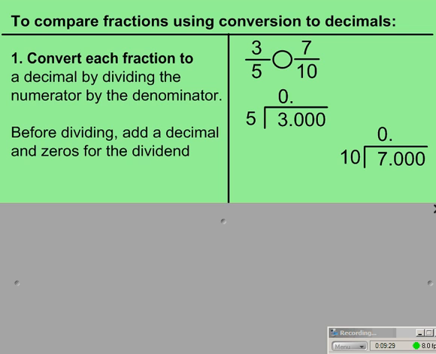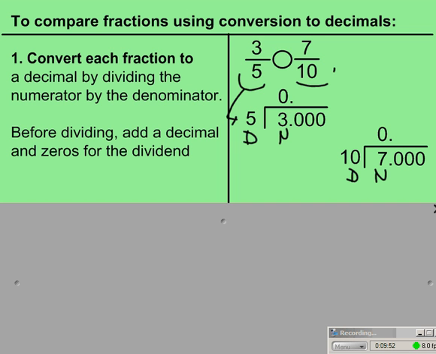All right, to compare fractions using conversion to decimals, you convert each fraction to a decimal by dividing the numerator by the denominator. So, our first one, 3/5. We have our numerator and our denominator, and you would divide those out. 7/10. You have your numerator and denominator.